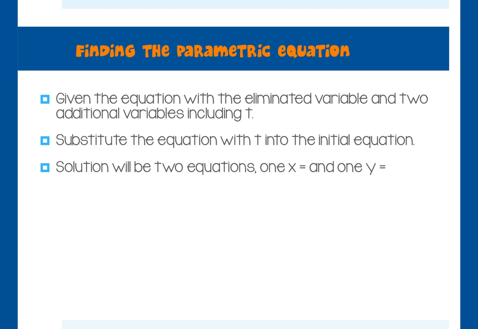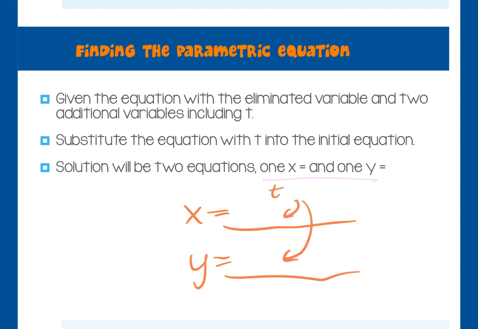You're going to solve the equation that has the t in it for the other variable, and then take that and plug it into the second equation, and your answer at the end is going to be two equations, one with an x equals and one with a y equals, and they both should have a t somewhere in them, okay? So the goal is to take something that is half rectangular, half parametric, and make it parametric at the end.